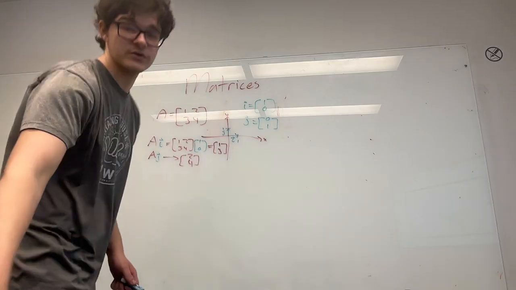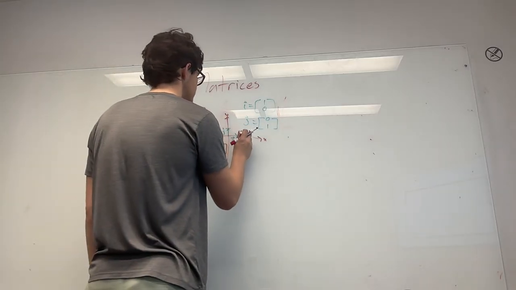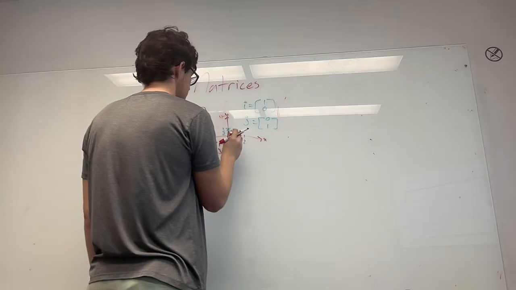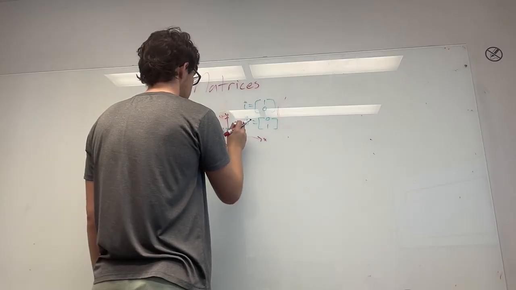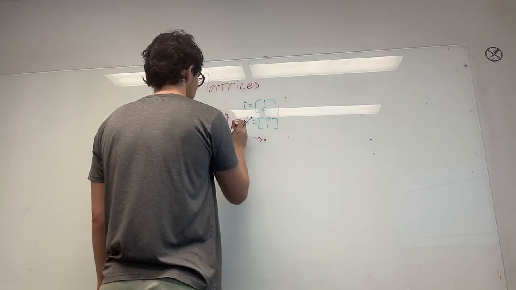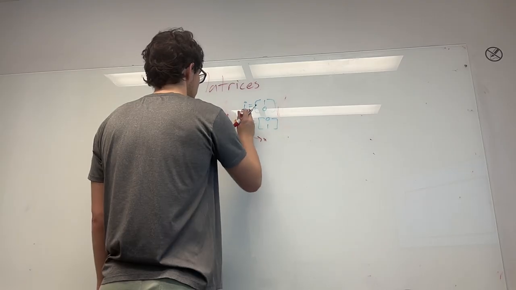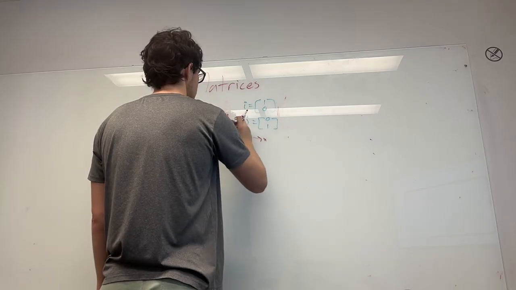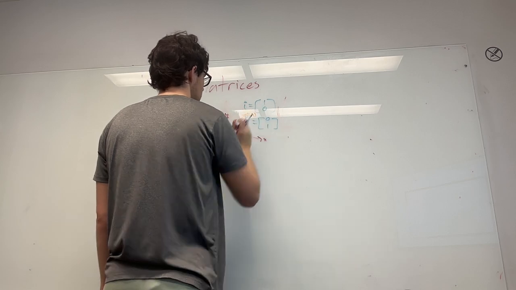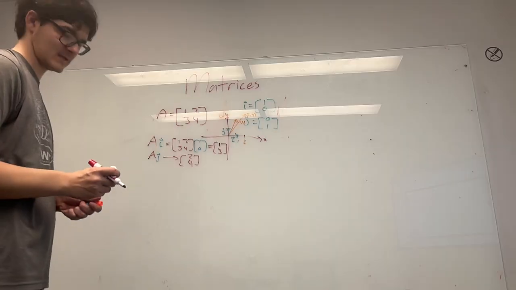And so that is now our transformed vectors: 1, 3, and 2, 4. That's what happens. That's all it is.